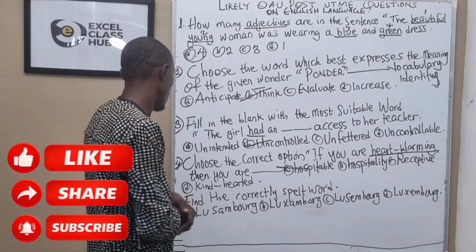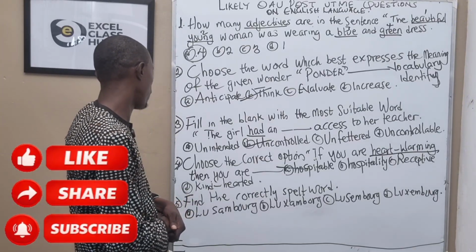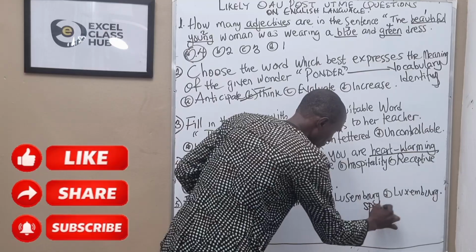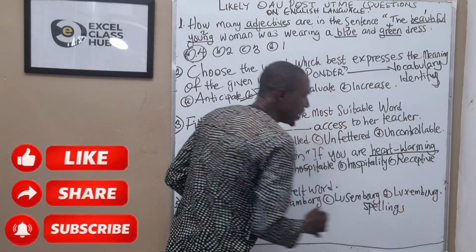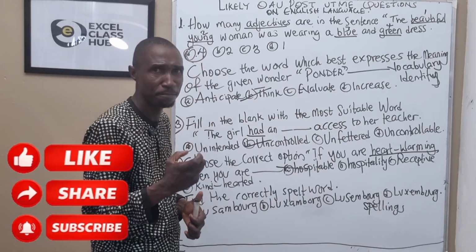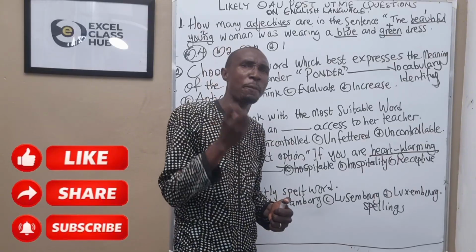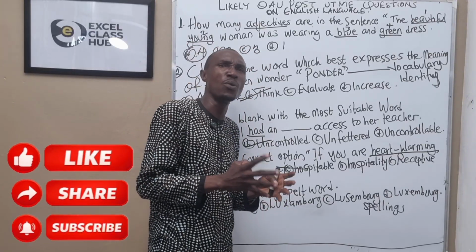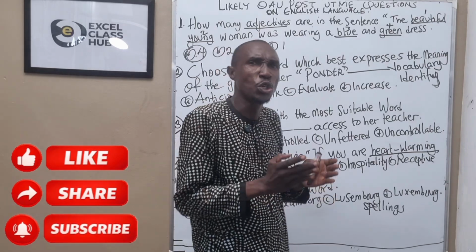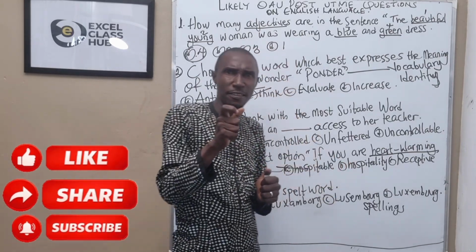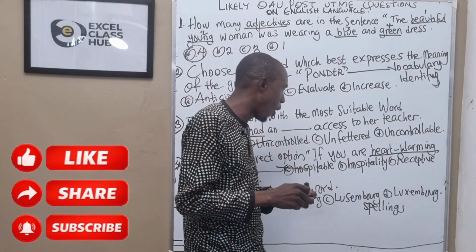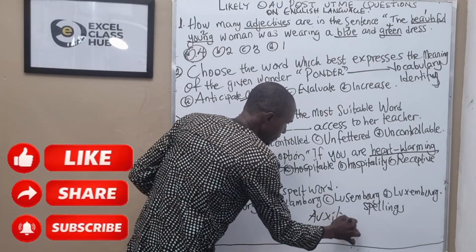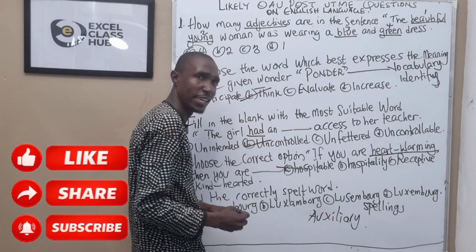Then finally, number 5 talks about spellings. Ability to spell correctly. Let's take note that there are certain words that have double of an alphabet. Like the word auxiliary.